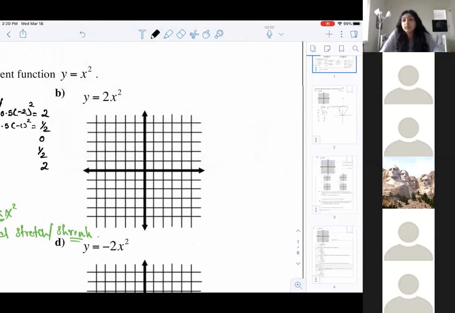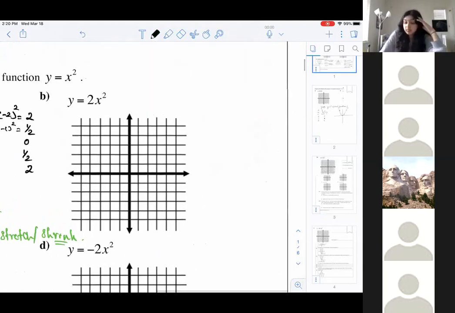Let's make the table of values again here, x, y. Let's take the same x values, -2, -1, 0, 1, and 2. Fill out the values for y.